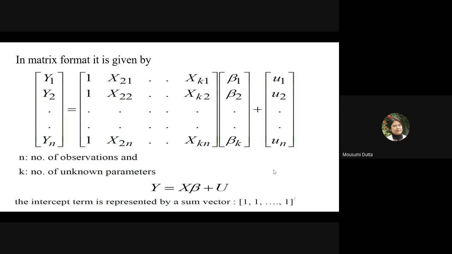Rank is the minimum of independent rows or columns. Rank of a matrix means the minimum of independent rows or columns. If I consider a particular matrix where we have 5 independent rows, and 5 is less than 8, say I have 8 independent columns, in that case rank will be 5.